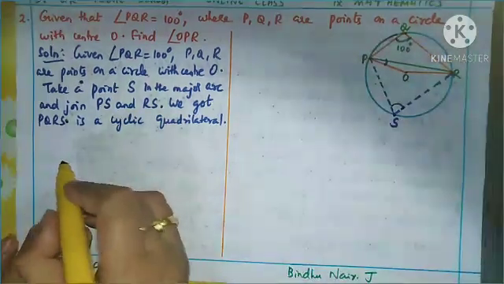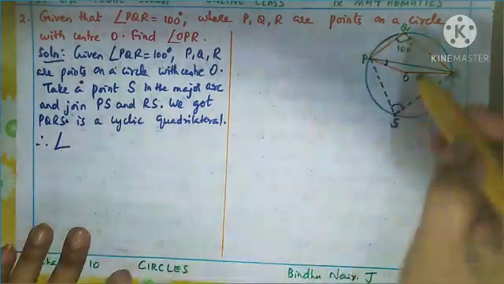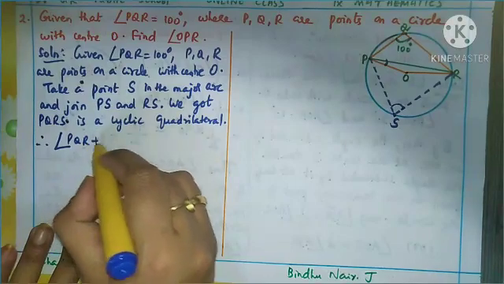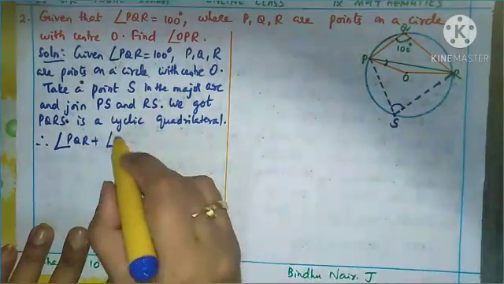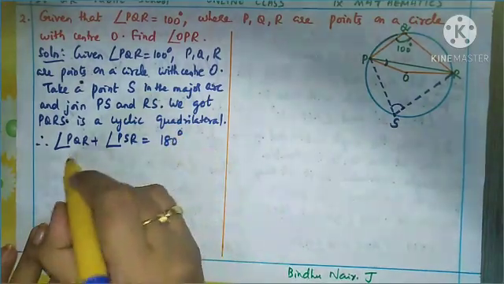So what we can write? Therefore, angle PQR plus angle PSR equal to 180 degrees. Why?